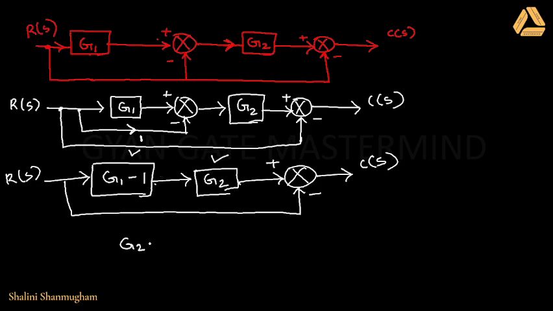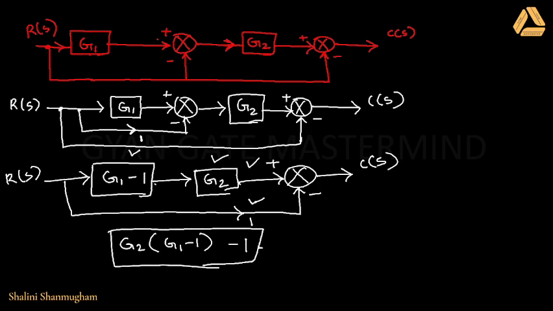So the answer is G2 into G1 minus 1, and this one is unity feedback, right? So this unity feedback, unity branch point and this one are in parallel, so minus 1. So this is the transfer function for the given block diagram.